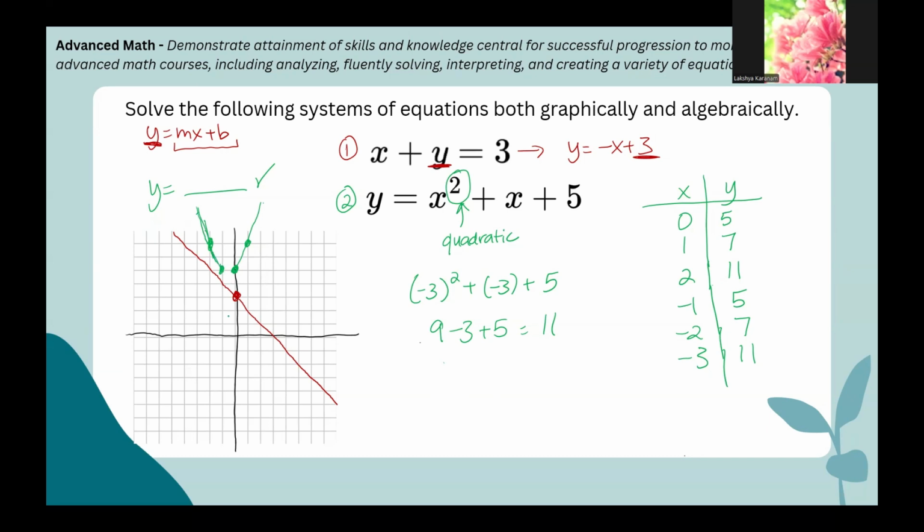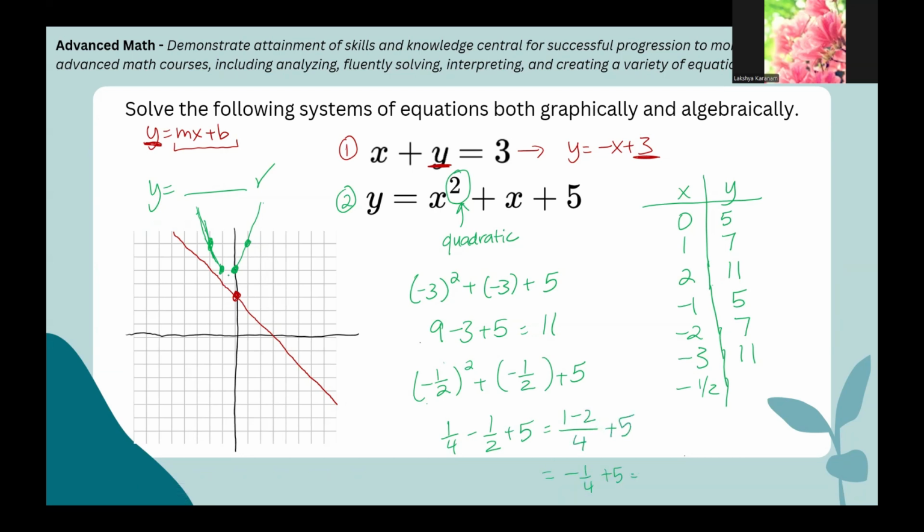And then let's go ahead and plug in negative 1/2. The reason I'm doing that is because I have a feeling that we have a sort of vertex right there. So if I were to plug in negative 1/2 squared plus negative 1/2 plus 5, I would get 1/4 minus 1/2 plus 5, which is basically 1/4 plus 5.